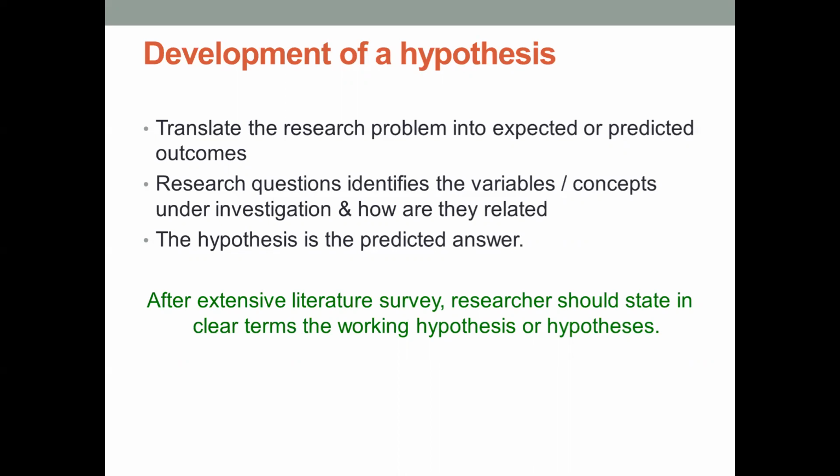Now, what is the hypothesis in this research problem? Can one of you tell me? I didn't state a very clear topic or a clear hypothesis, but I have already discussed the variables with you.